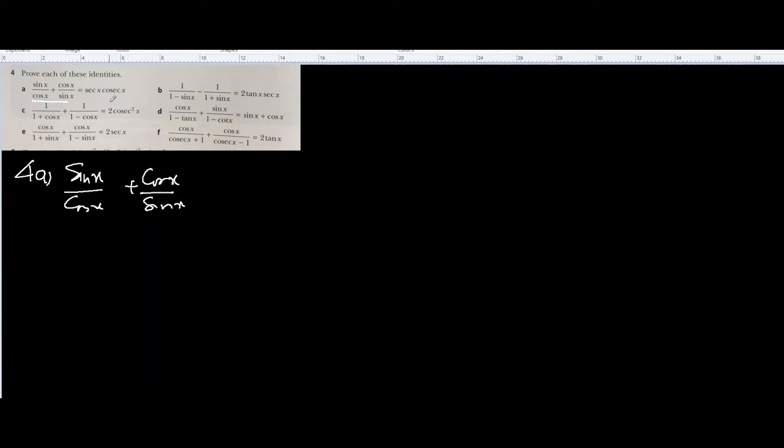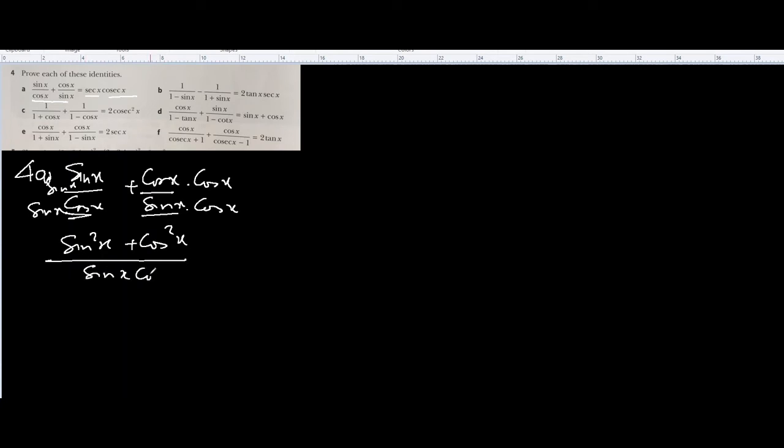We have to prove that it is equal to secant x and cosecant x, so we'll take the LCM of both by multiplying this by cos x, and here we'll multiply by sin x. So we are left with sin square x plus cos square x on top, and sin x cos x as the denominator, and the numerator is 1.